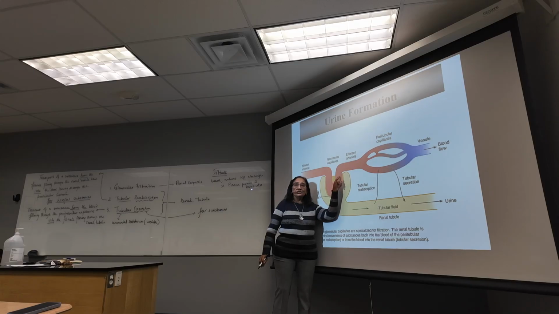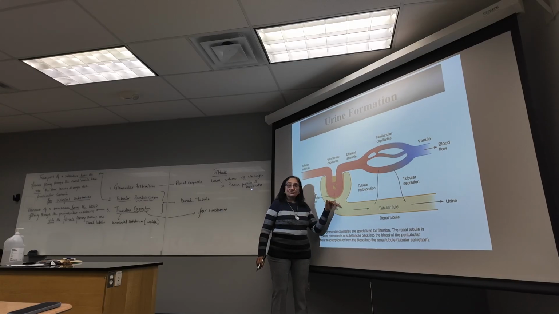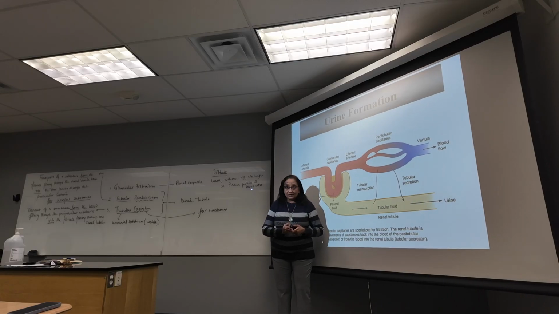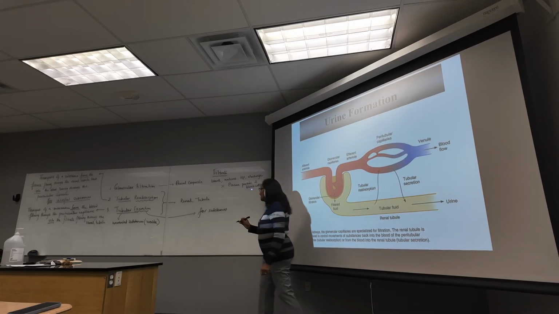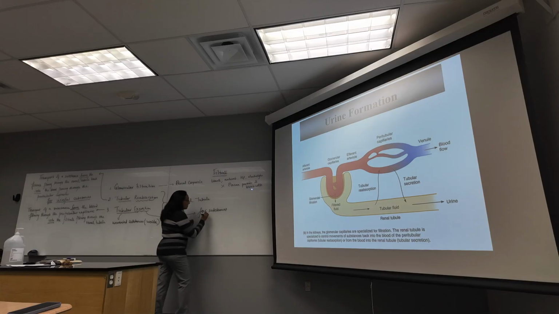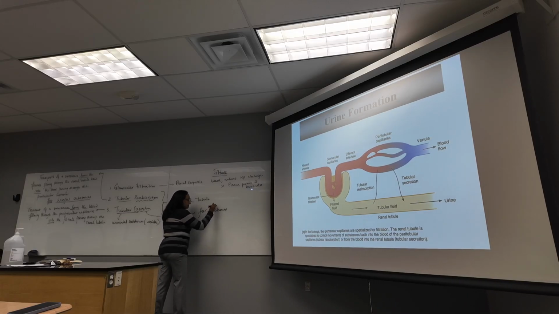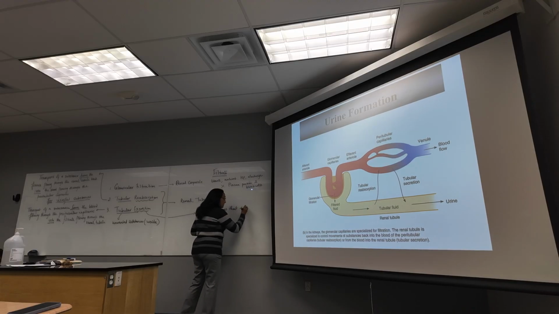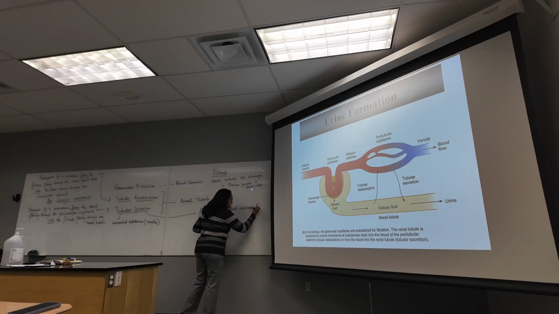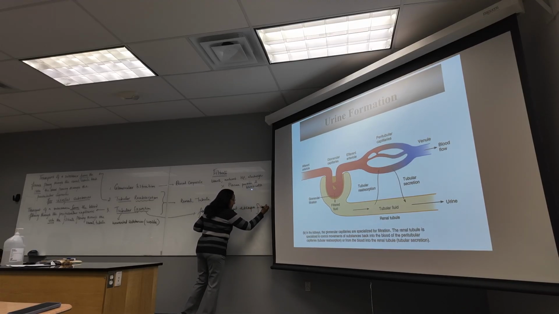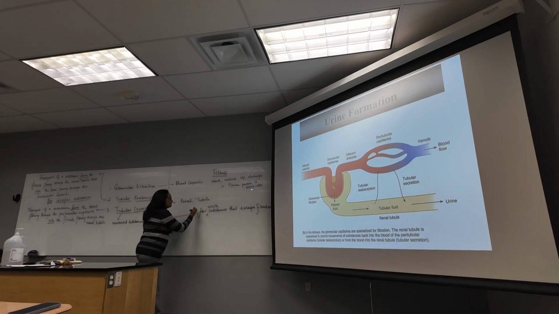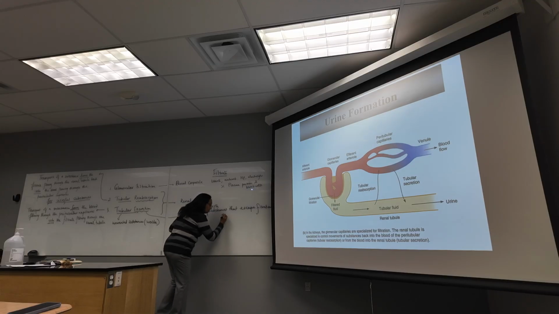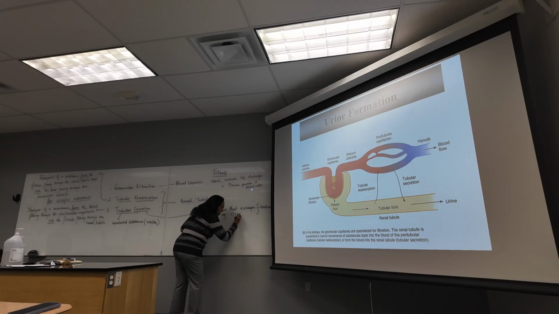As the blood is flowing here, filtration is occurring, but they may escape filtration and get into the peritubular capillaries. So for substances, especially waste substances that escape filtration. That is one reason. An example of this would be creatinine.